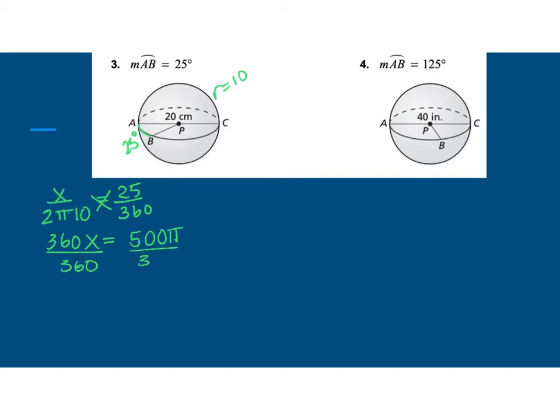Dividing both sides by 360, we'll get approximately 4.36 centimeters. So that is for AB, the measure of AB.